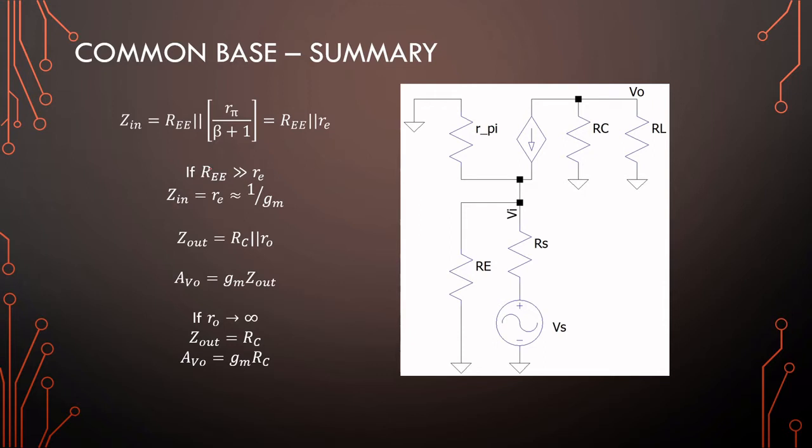And typically the bias resistor will be much larger than small re, and it will work out that your input impedance is 1 over the transconductance. And down here we have exactly the same thing going on as the common emitter amplifier, just it is not inverted at the output.